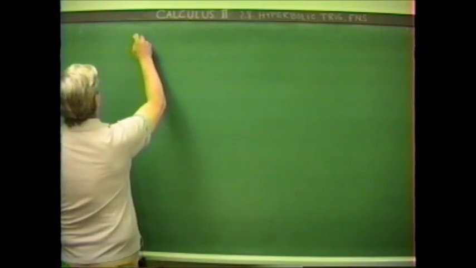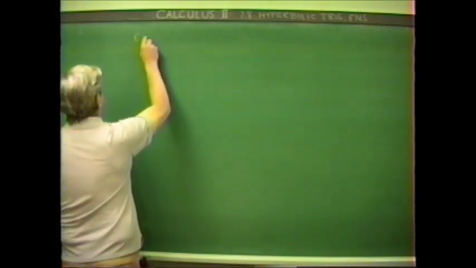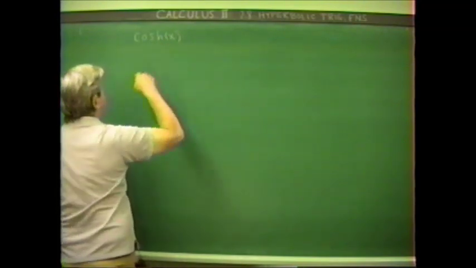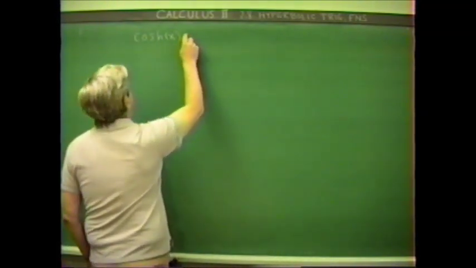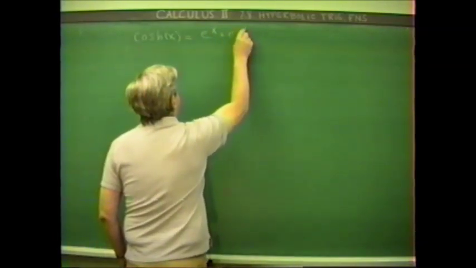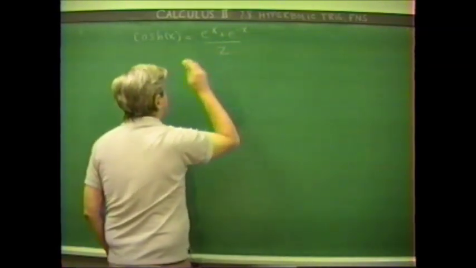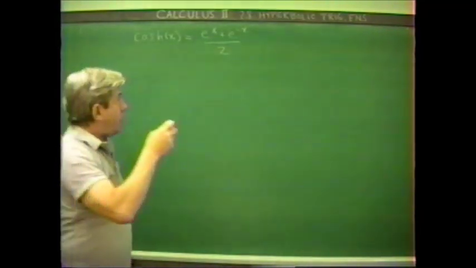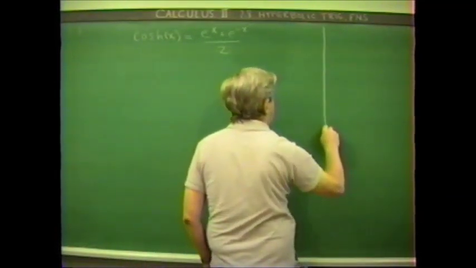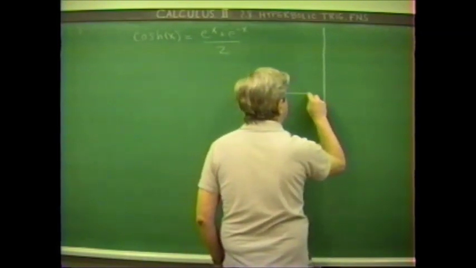We're going to look at, first of all, a hyperbolic cosine function, written c-o-s-h of x, and pronounced sometimes cosh of x. This is e to the x plus e to the minus x, over 2. So it's the average of e to the x and e to the minus x, and its graph looks like this.